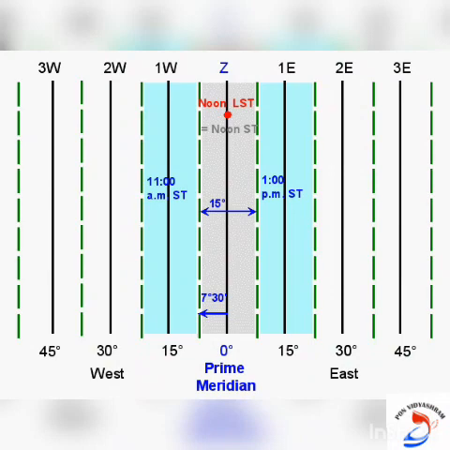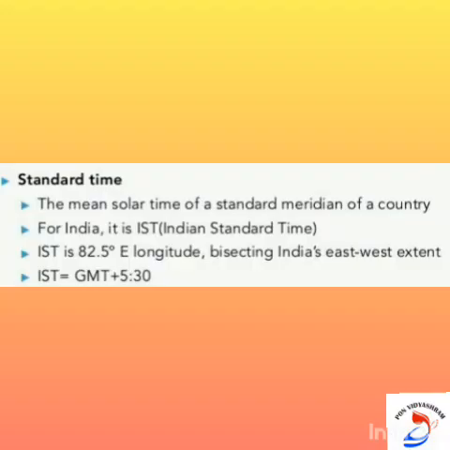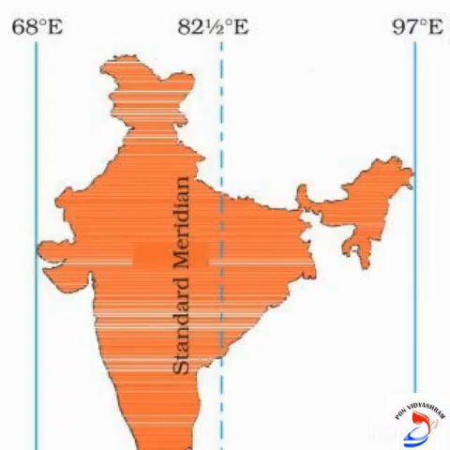The standard meridian of India is 82.5 degrees east longitude. India is towards the east of the prime meridian and is located at 82.5 degrees east longitude, which passes through Allahabad.